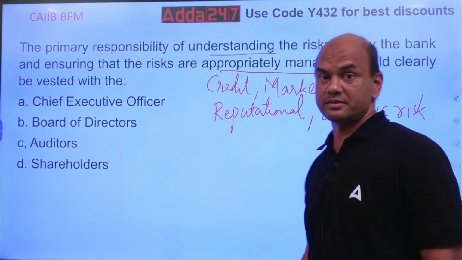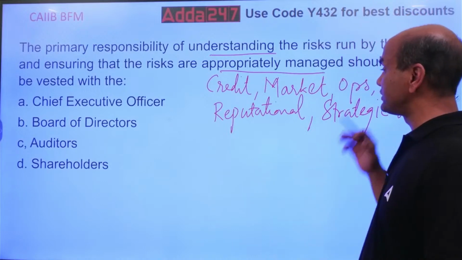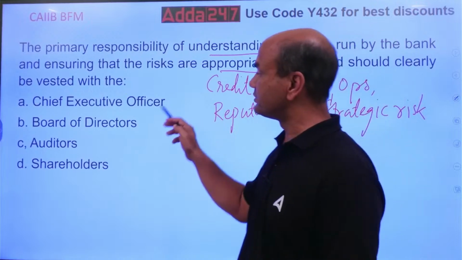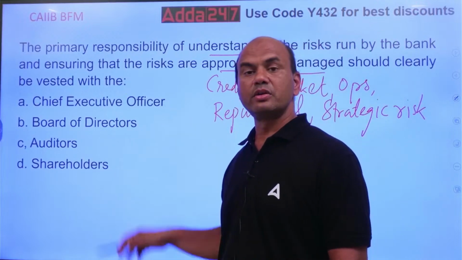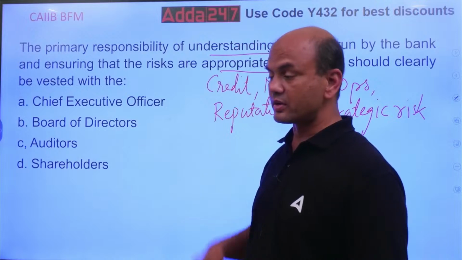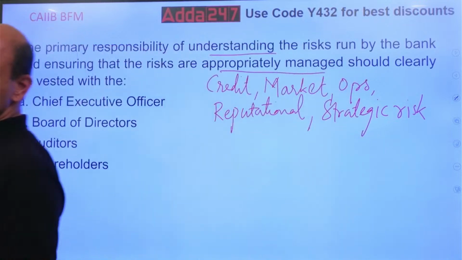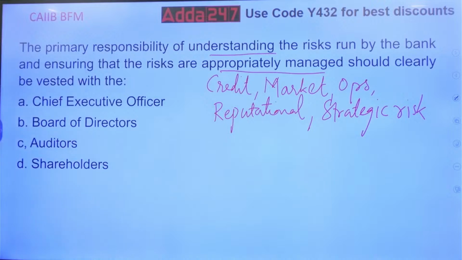How to manage the risk? Should be clearly vested with whom? Is it CEO, board of directors, auditors, or shareholders? Think, very simple answer. Think over it, everyone. Whom do you think is the main person responsible for the same?